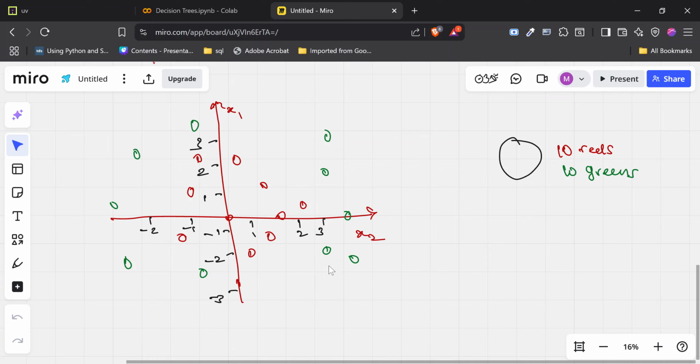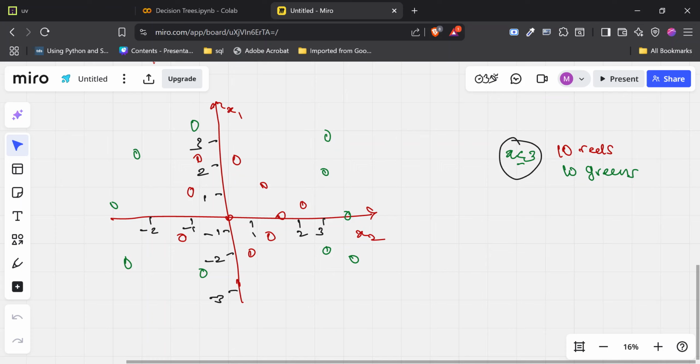So I'm going to say at the point where X is less than or equal to 3. That is X1. No, that is X2. X2 is on the horizontal axis.